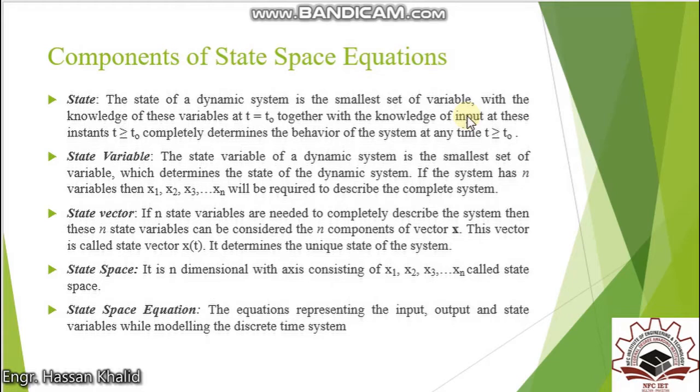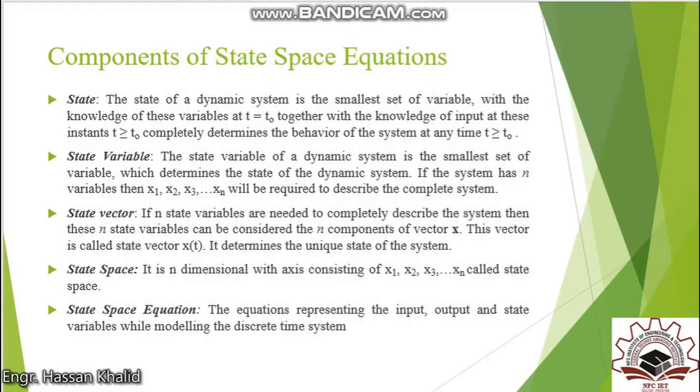It determines the unique state of the system. Now the next term is the state space. It is the n dimensional space with axes consisting of all the state variables from x1 to xn. They are called the state space, sometimes also termed the state space model.